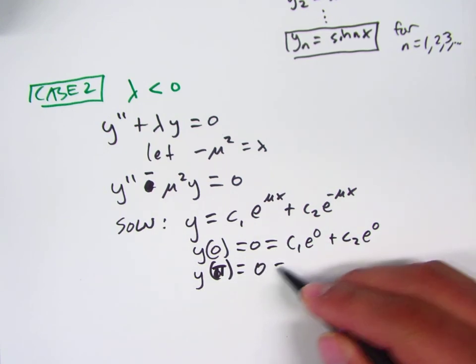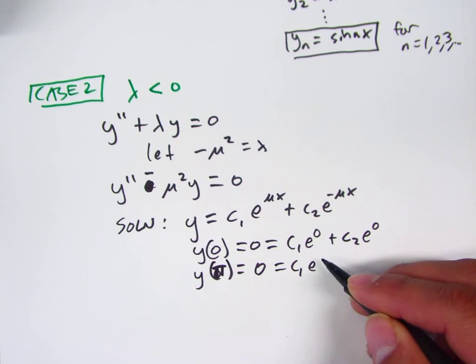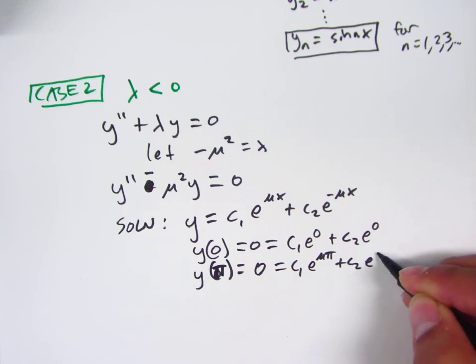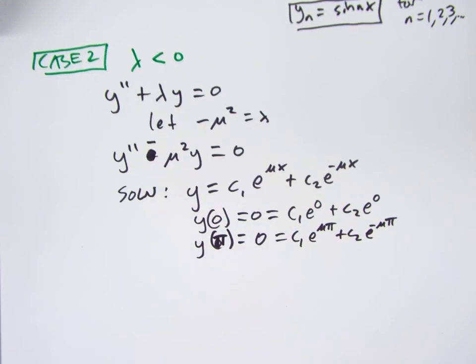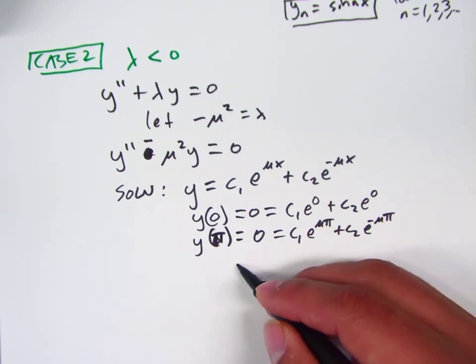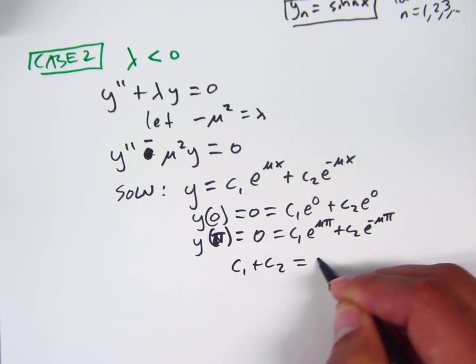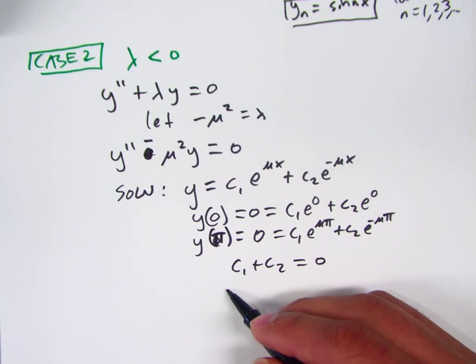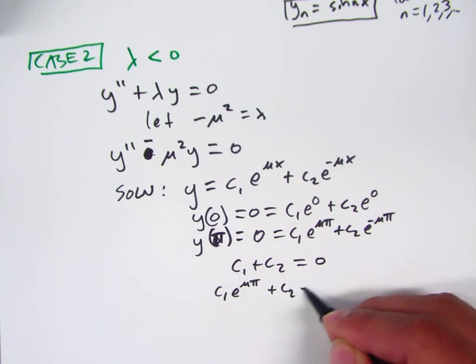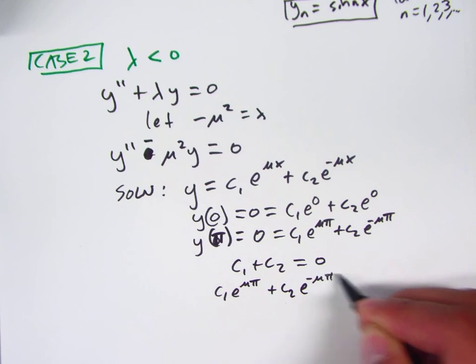But now I get C1 e to the mu pi plus C2 e to the negative mu pi. So let me just rewrite this a little cleaner. C1 plus C2 has to be 0, and C1 e to the mu pi plus C2 e to the minus mu pi has to also be 0.